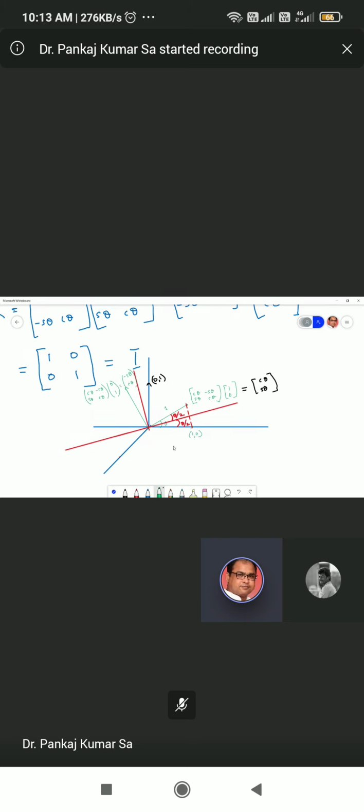Now, this is the rotation matrix: cos theta, minus sine theta, sine theta, cos theta.